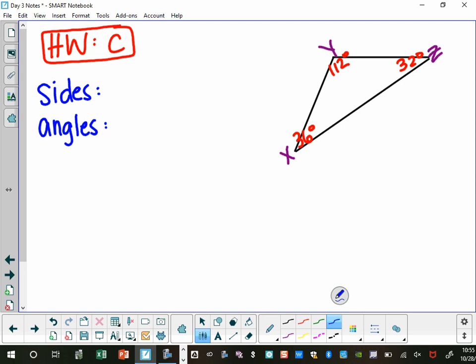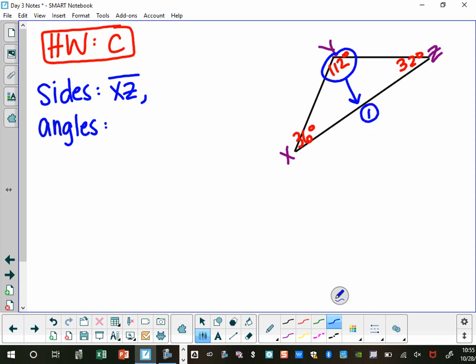In order to do my longest side, I'm basing it off my largest angle. What is my largest angle? So 112, what side is directly across from it? That's Z, so we're going to write Z, that's my longest side. All right, what comes next? This is number 1.